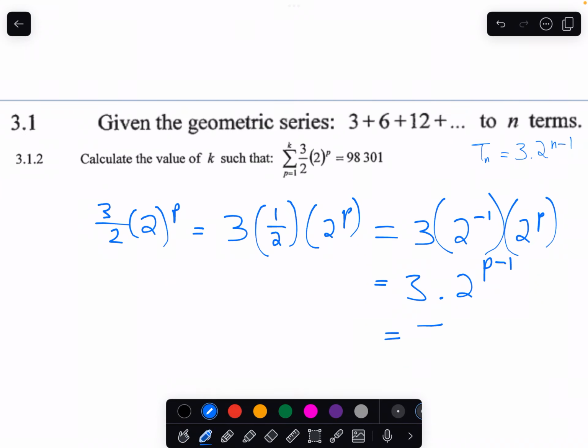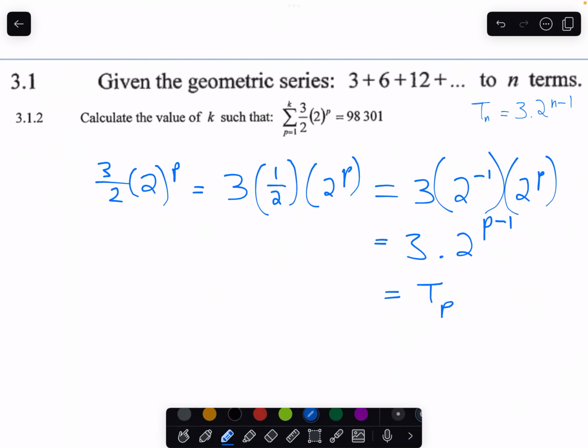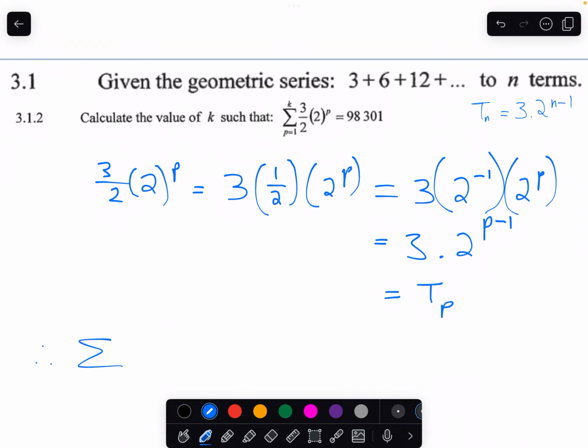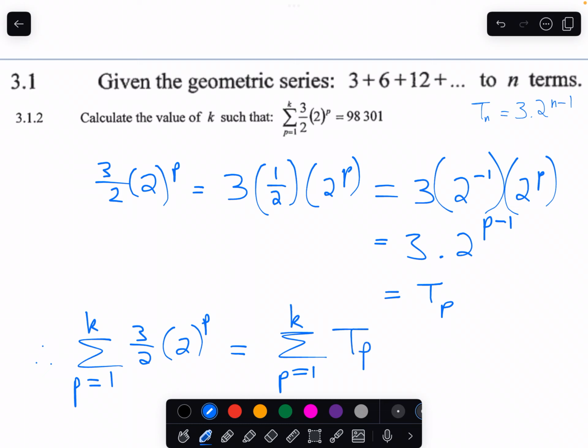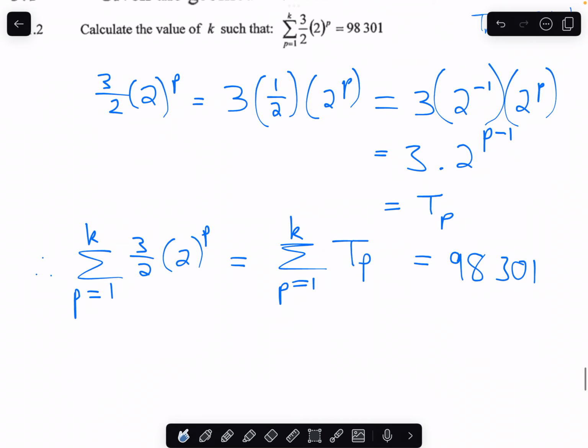Which is the same as the pth term. Okay, so as a result, the sum from p equal to 1 until k of 3 over 2 times 2 to the p is the same as the sum from p equal to 1 up until k of tp, and we want that to be equal to 98,301.